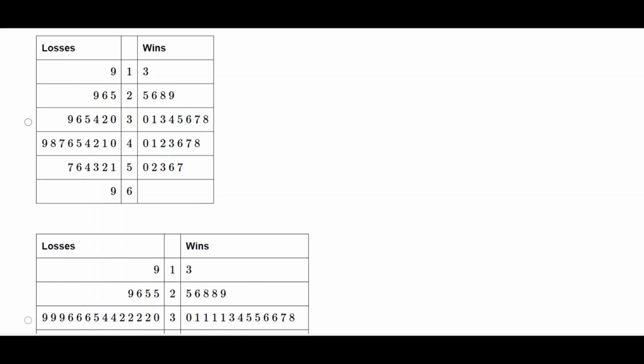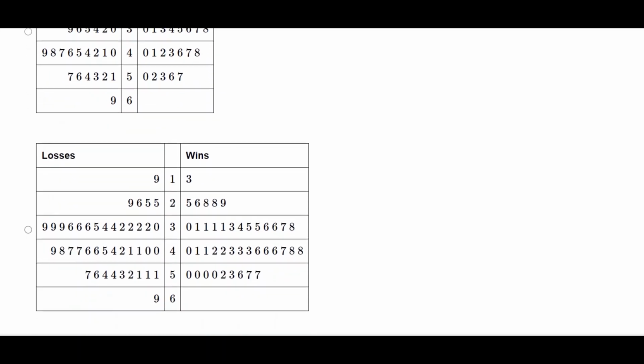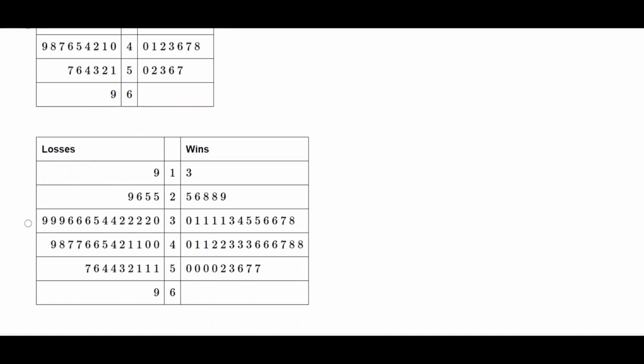And in the fourth column, the only difference from the third one is that in the fourth column there are some repetitions which are not there in the third.